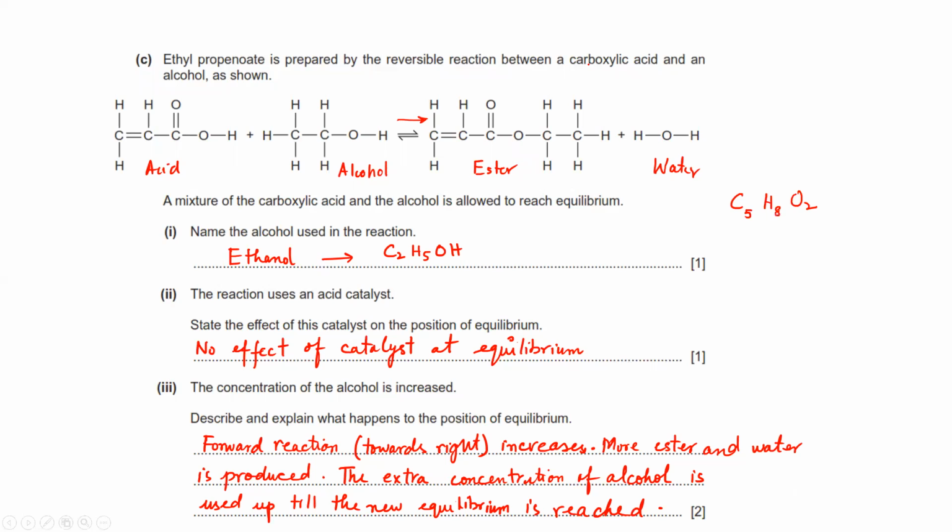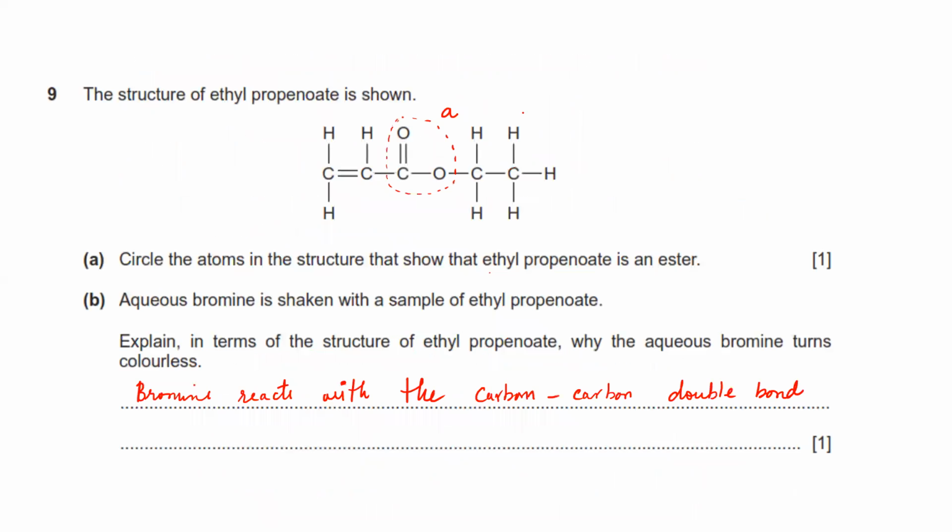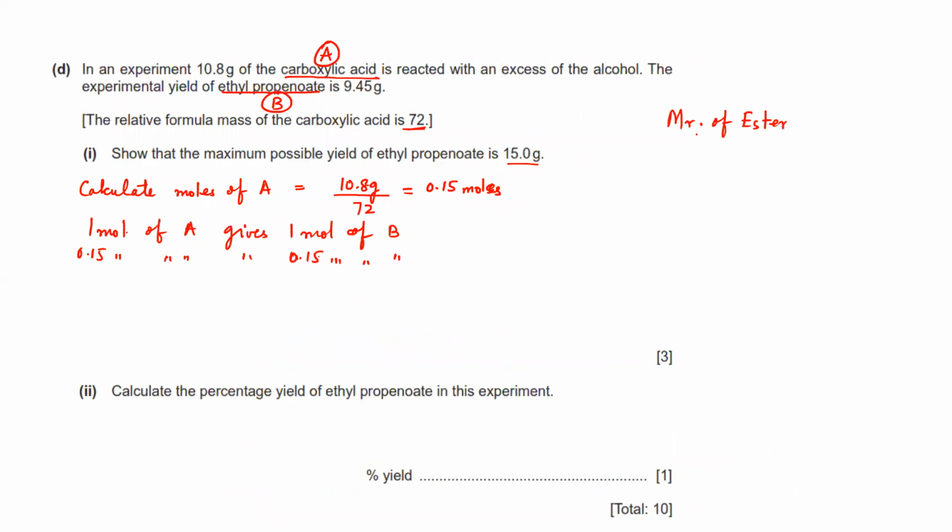So C5H8O2. So it will be 5 into 12 plus 8 into 1 plus 2 into 16.